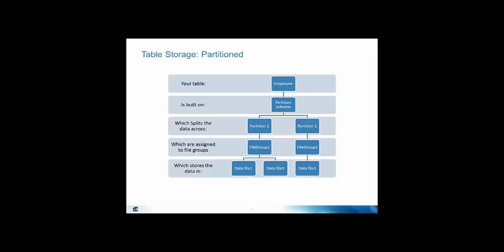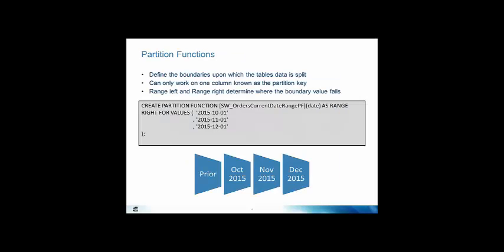Perfect. All right, so how do we take advantage of things like this? Well, the first thing we need to decide is how we're going to partition. What is the column and boundaries that we're going to define? Now, it's important to note that when you're partitioning a table, you need to have a clustered index on that table.